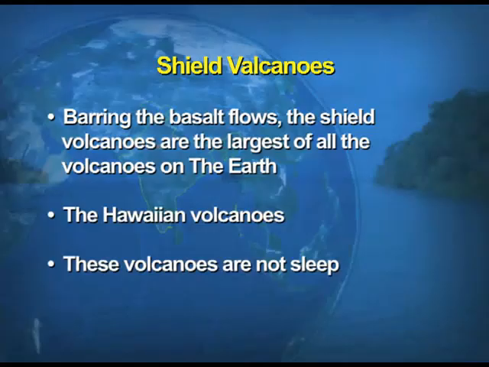There are different types of volcanoes. The main types we can identify are the shield volcanoes, composite volcano, caldera, flood basalt and mid-oceanic ridge volcanoes. For shield volcanoes, a common example is the Hawaiian volcanoes.